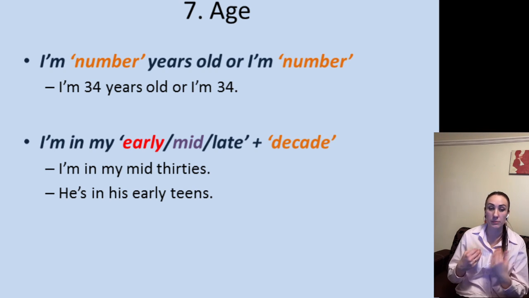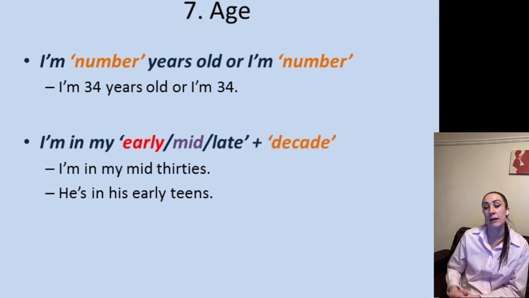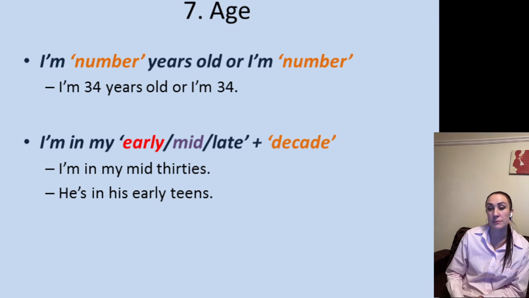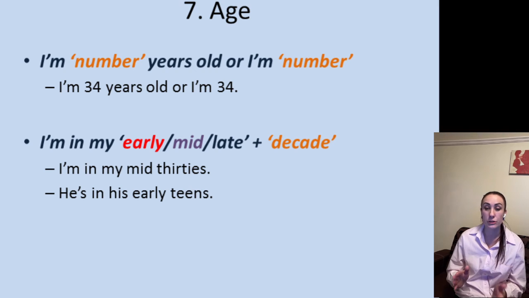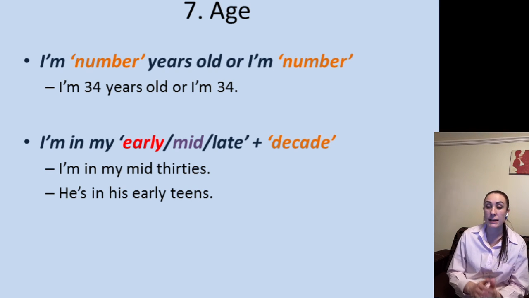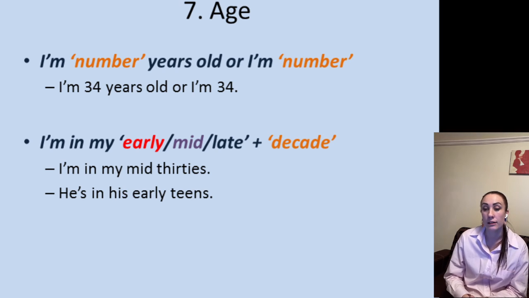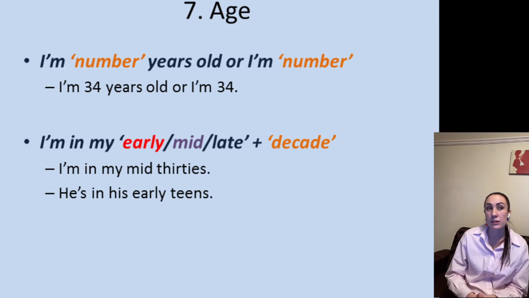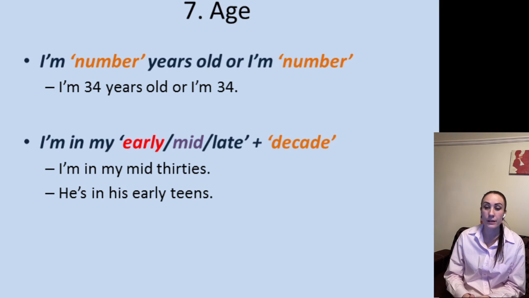So talking about myself, I would say I'm 34 years old, or I'm 34. I'm 34. You could also, if you don't want to specify the exact age, use the following phrase, I'm in my early, mid, or late, plus the decade, right? So you could say, I'm in my mid 20s if you are 25 or 26.